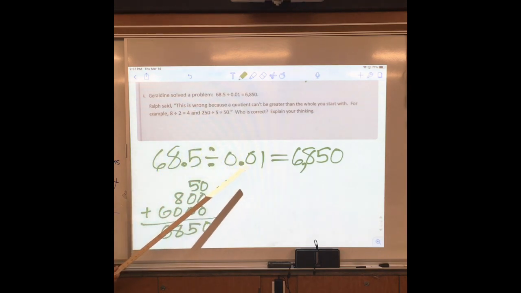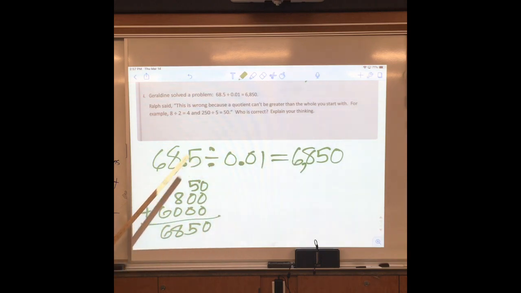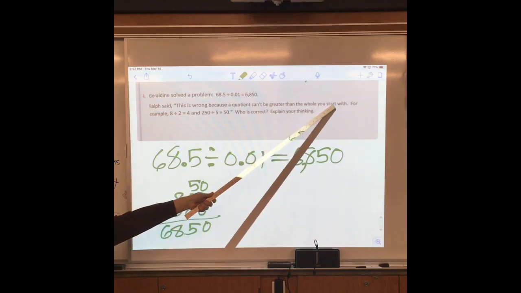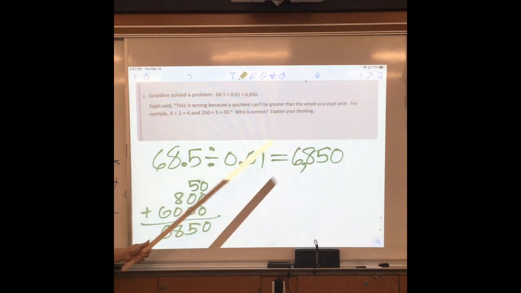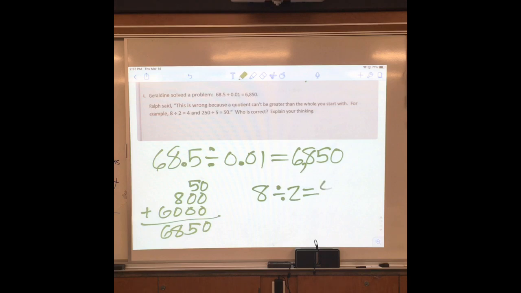You can't get, this number can't be bigger than this one. That quotient can't be greater than the whole you start with. He's saying this is too big. You can't get a bigger number here than you have here. For example, 8 divided by 2 equals 4.